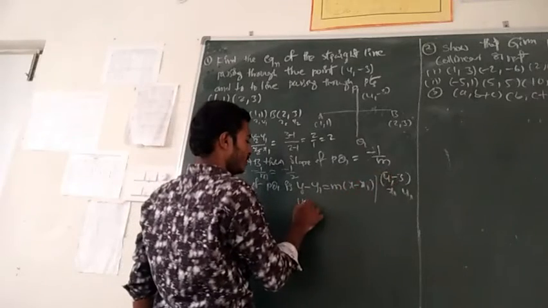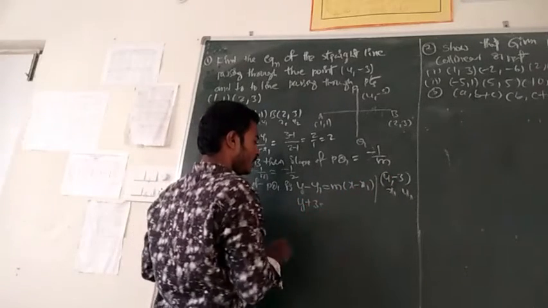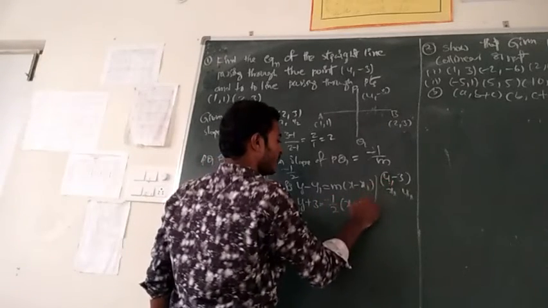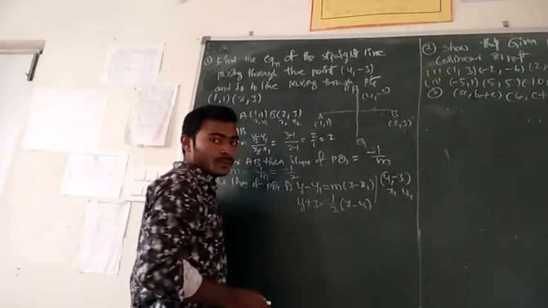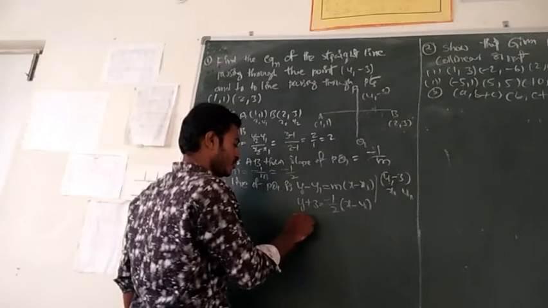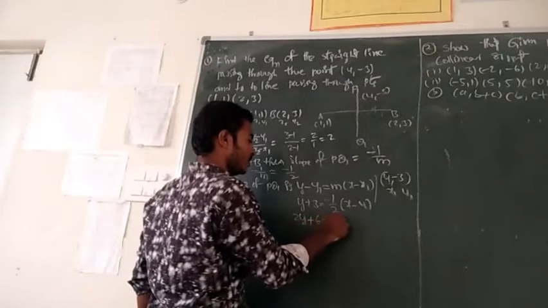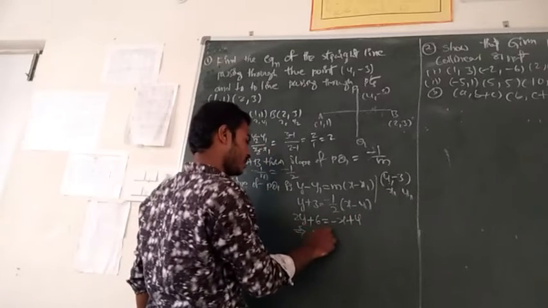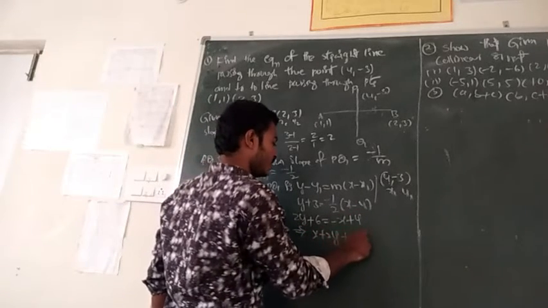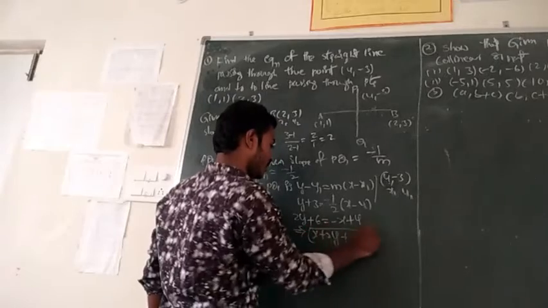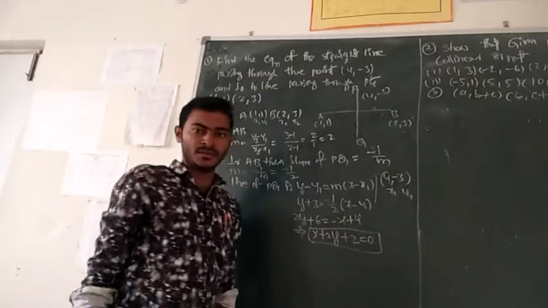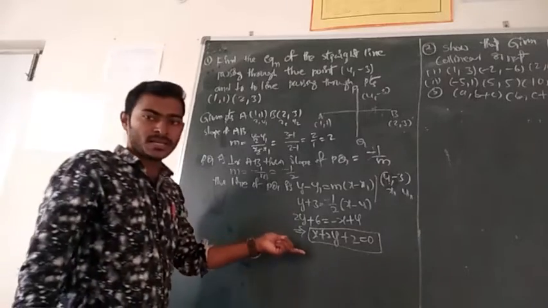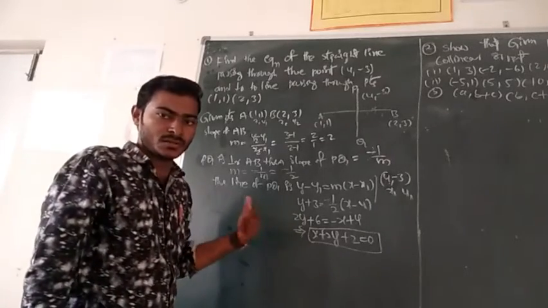Substituting, y1 gives minus into minus is plus 3, and m value is minus 1 by 2, and x minus x1 is x minus 4. When we do the cross multiplication, 2y plus 6 equals minus x plus 4. So totally we get x plus 2y plus 2 equal to 0, which is our required straight line.